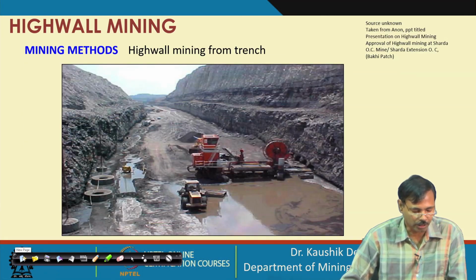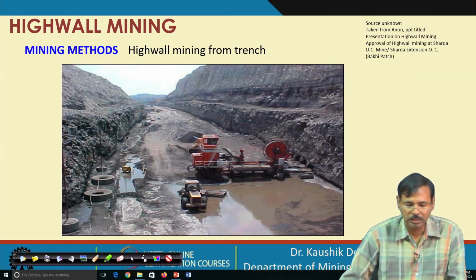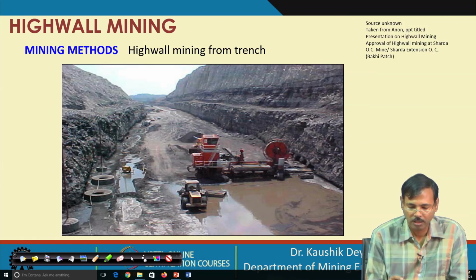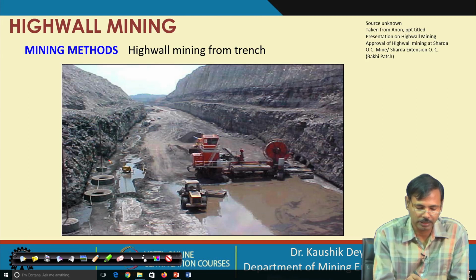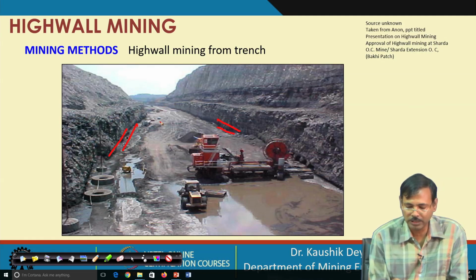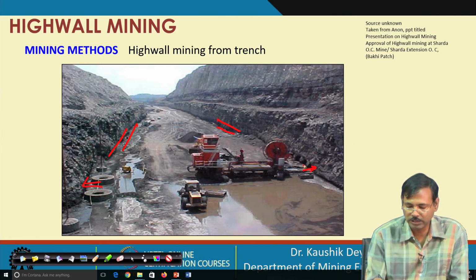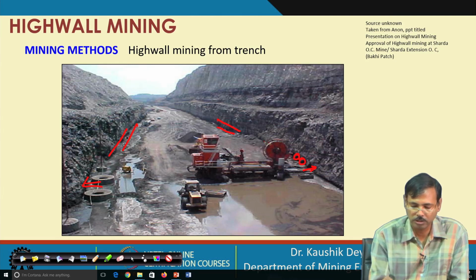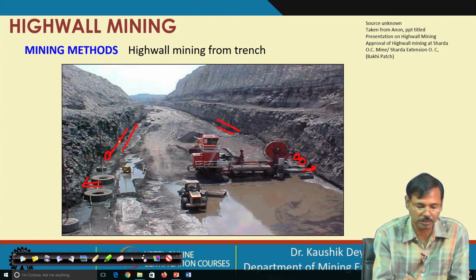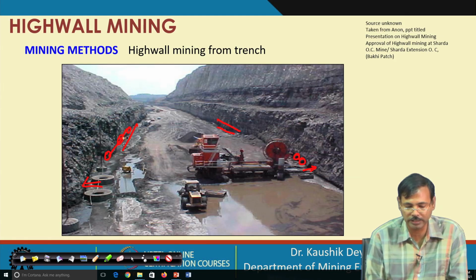In the second method, instead of carrying it out on one side, one trench is made, say both side seams are there, only one trench is made in the middle of this, and the high wall miner is allowed to drive holes in both sides. So, in one direction, these are the different holes created, similarly different holes can be created this side also.